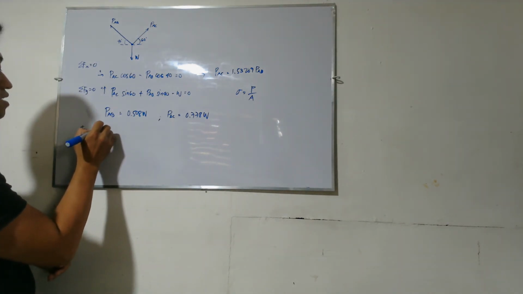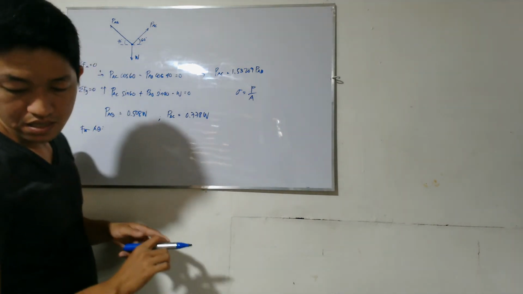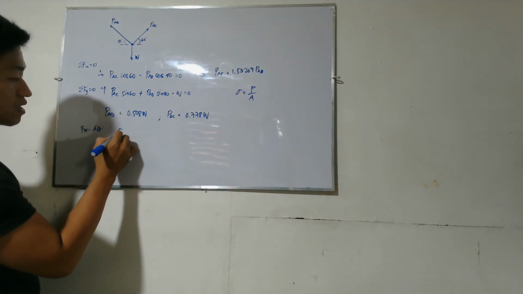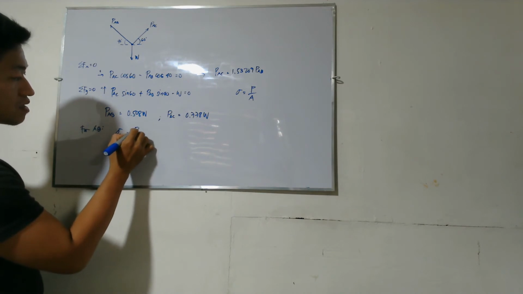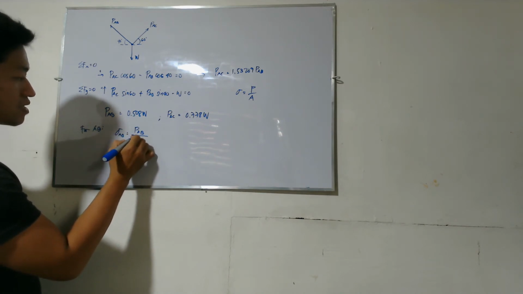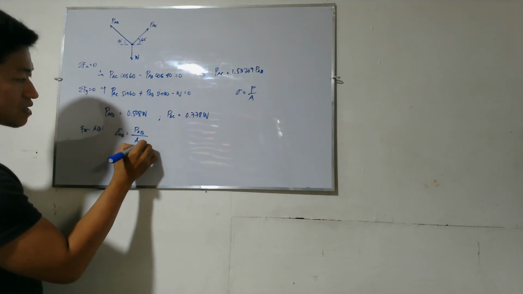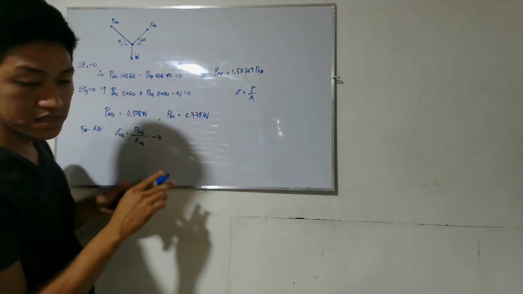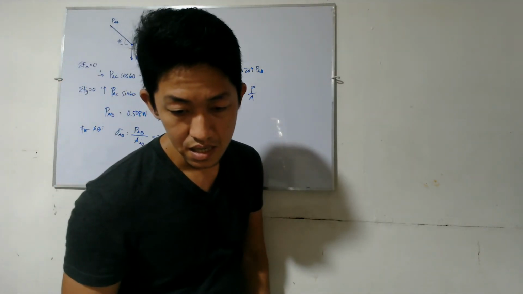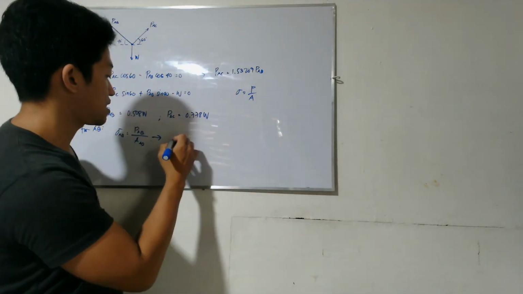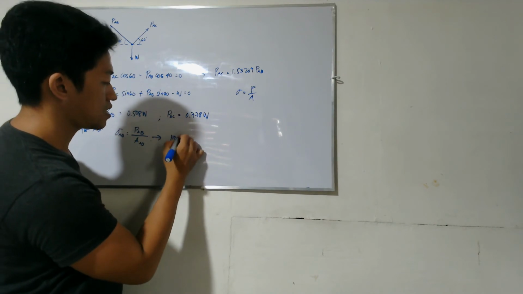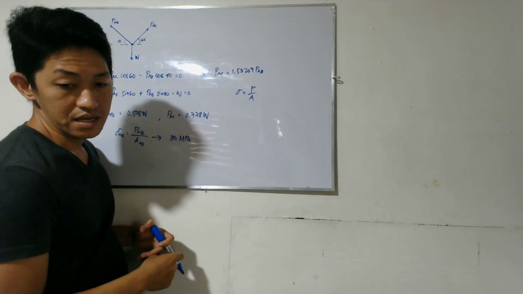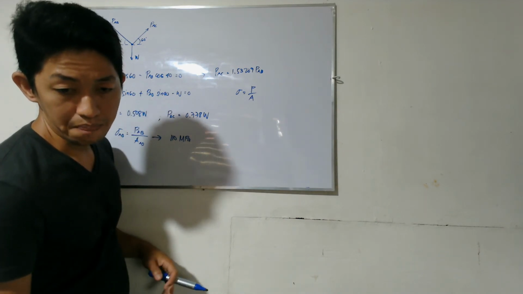Okay, for AB, we have sigma AB equal to PAB over area AB. The strength given for AB is 110 megapascal.